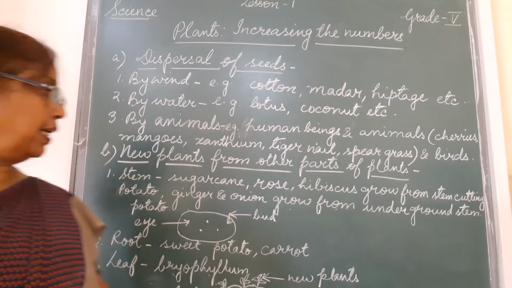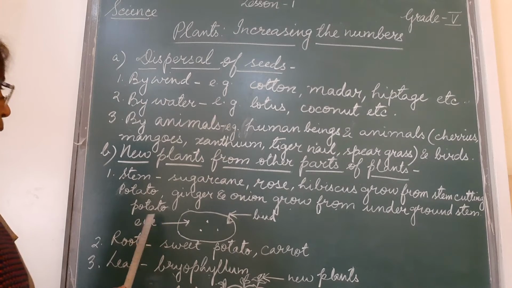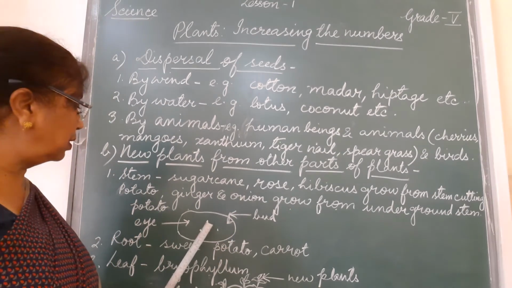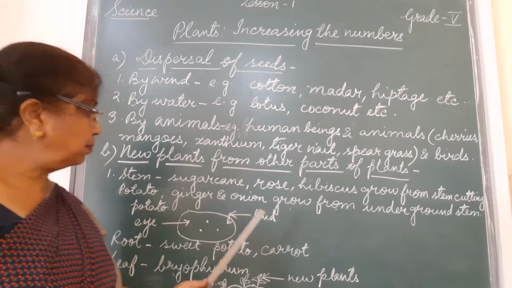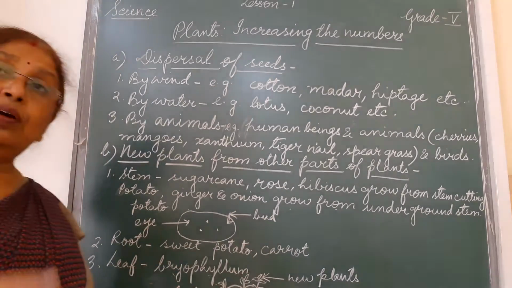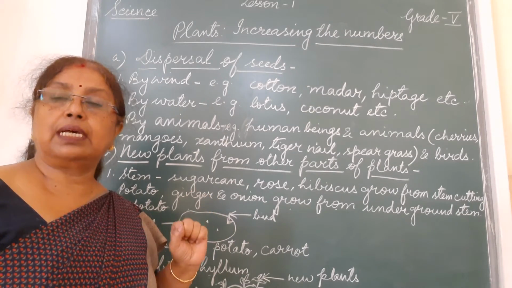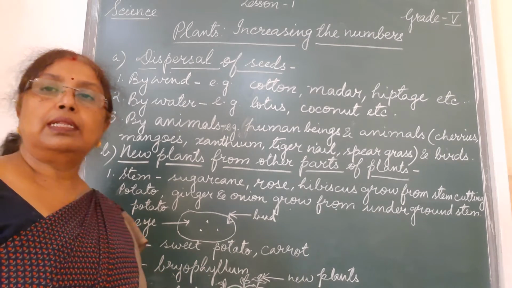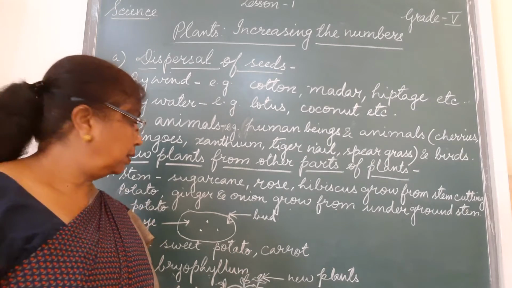So in the potato plant we can see some black spots in them, they are called eyes, and if we cut a piece surrounding this eye and put in the soil, after some time, or we sometimes see on the potato only some buds are coming out, some new plants. So if we put in the soil, that will grow into a new plant.